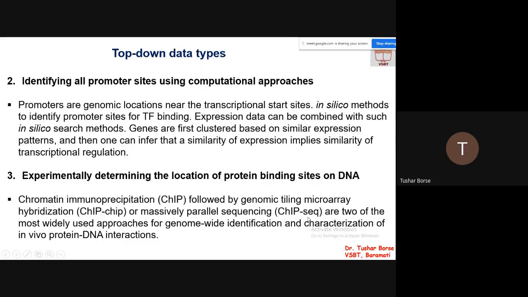So these are the different methods which we can do, and from these experiments we can find out the protein-DNA interactions. If you know these protein-DNA interactions, you can easily correlate them with the transcription of that particular gene. So this is how the top down data types are generated.